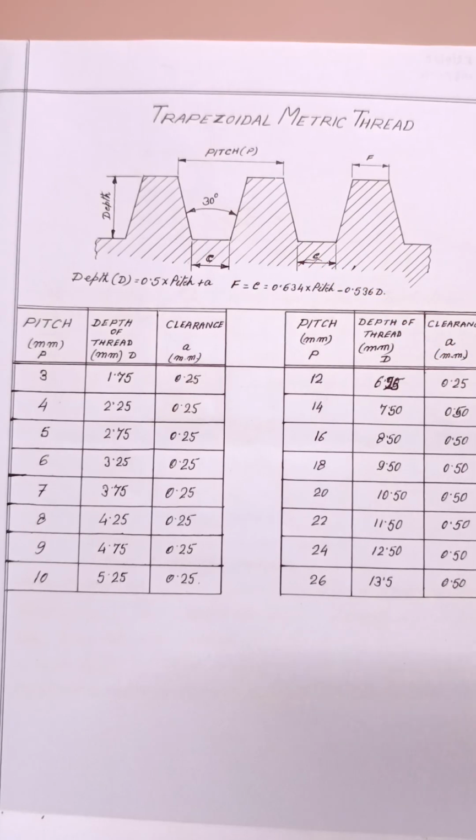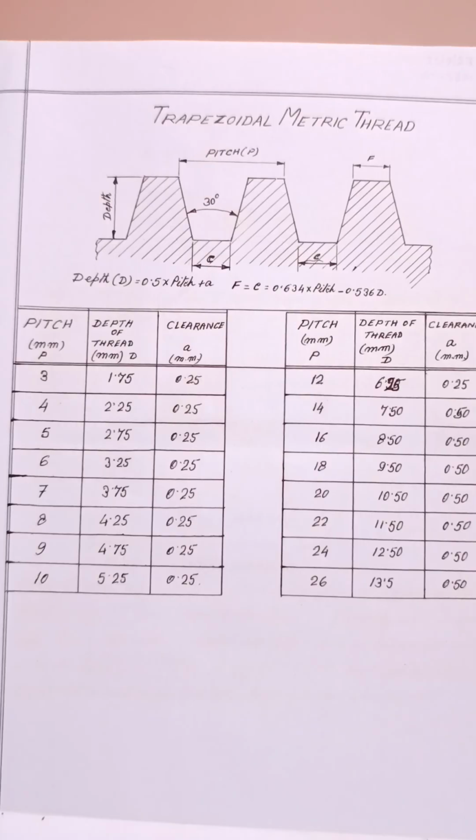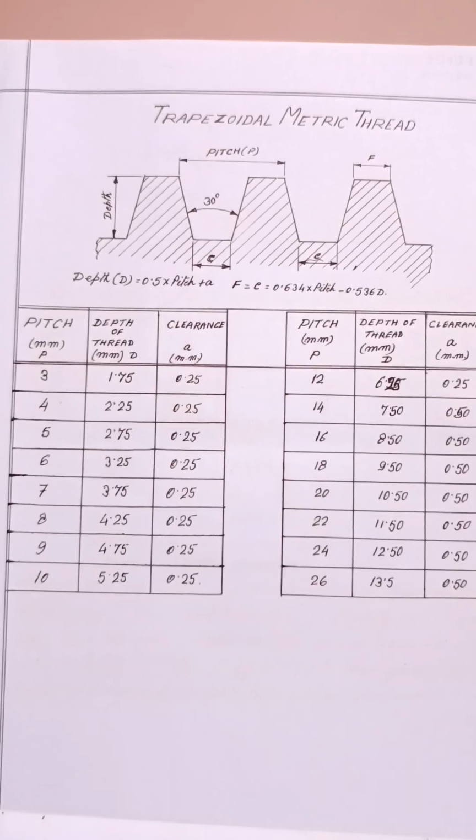We make this tool form lesser than the actual ACME size and first produce a square thread. After that we take the finish tool of ACME size and finish the thread. Because if you directly use the ACME thread tool, it will take too much load to finish this job.